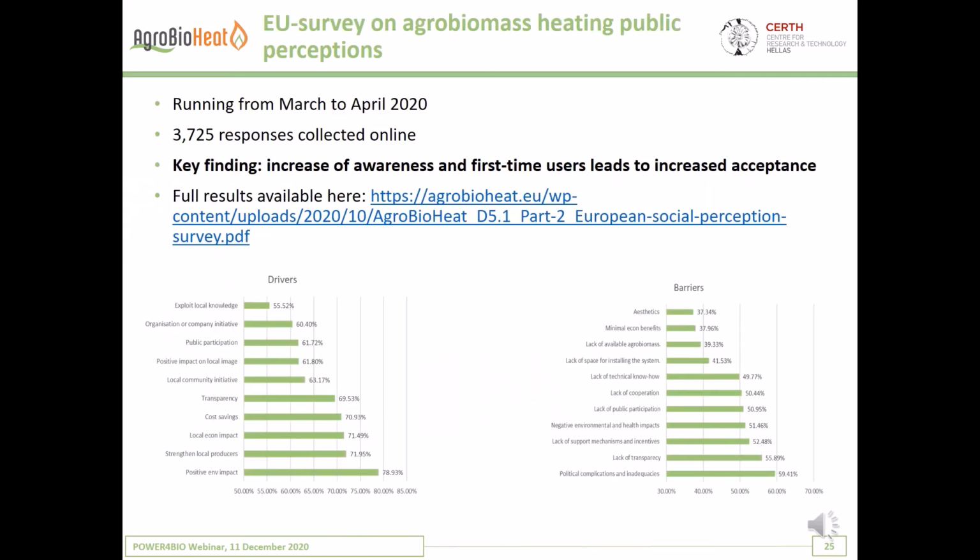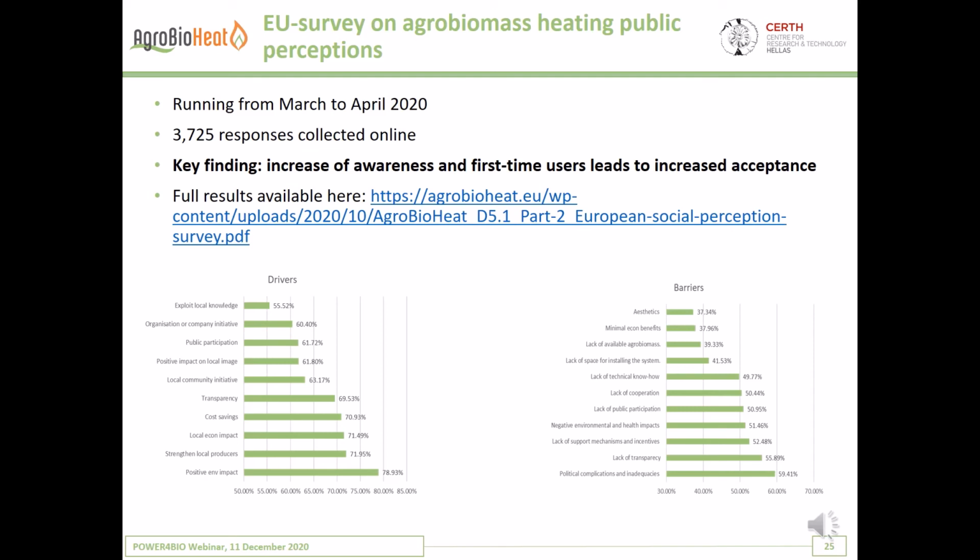So one very interesting thing is an EU public perception survey on agrobiomass heating. To my knowledge, it is the first such survey of its kind. It was designed and run online last spring. We collected more than 3,700 responses, and we asked the respondents to explain their knowledge of the concept of agrobiomass and how they see agrobiomass fitting into their local settings.